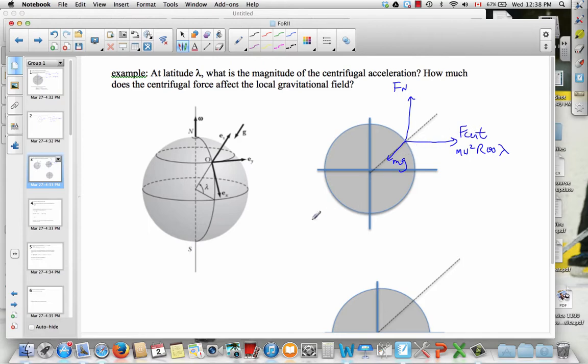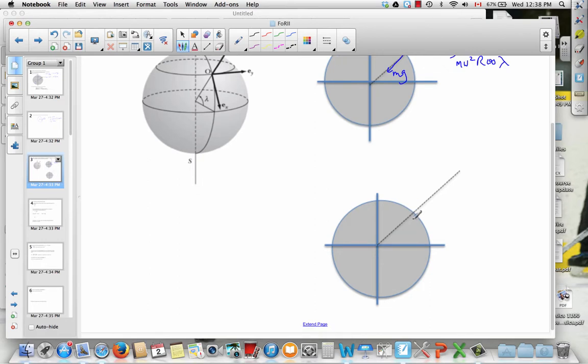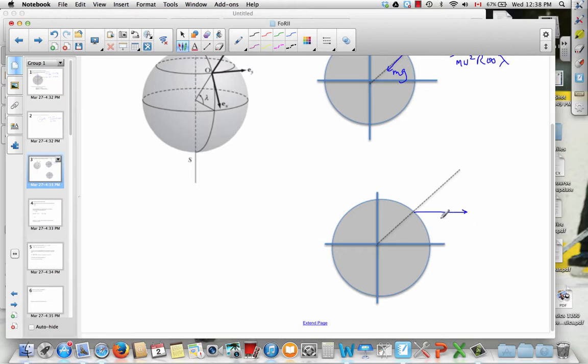Now, for the effect on the gravitational field, we're going to need to take this centrifugal force and find its components, because it's going to be partly outwards, and then it's going to be partly in the x direction in local coordinates.